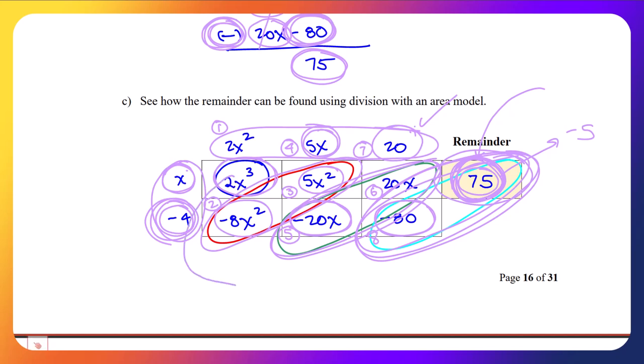So we can see that this was 2x cubed. The red gives us our negative 3x squared. The green gives us our 0x. And the light blue gives us our minus 5.